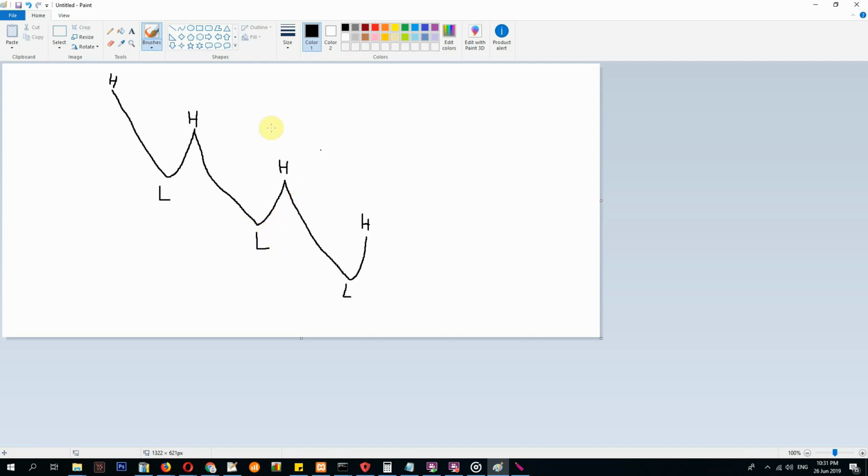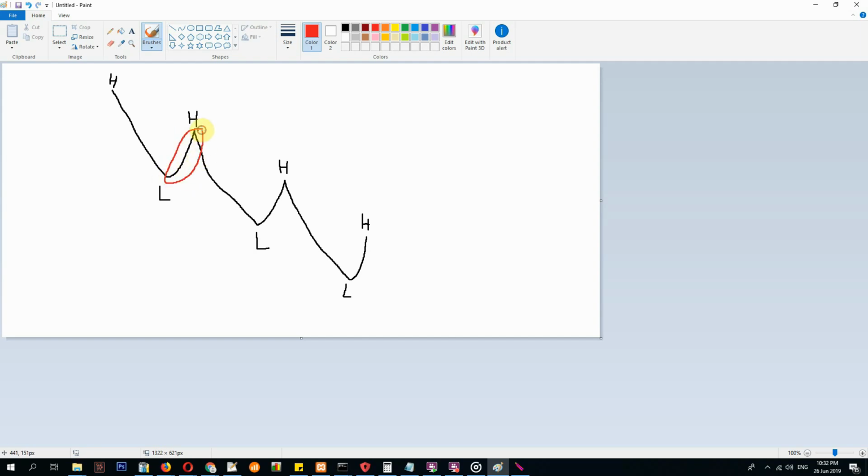Again, this is called the market structure, a downtrend market structure to be specific. The market crashed, right? Again, this is impulse, this is retracement, or pullback.